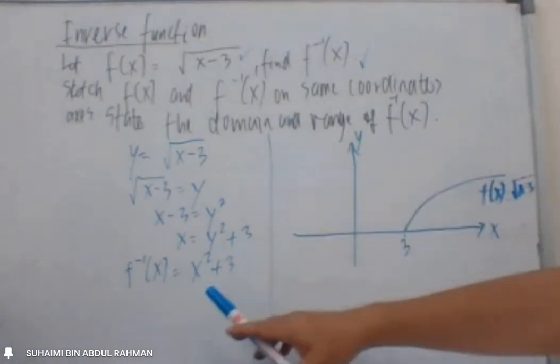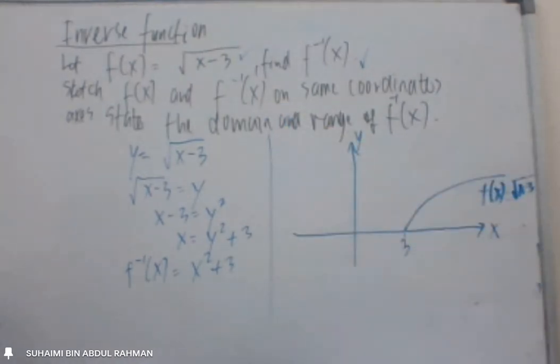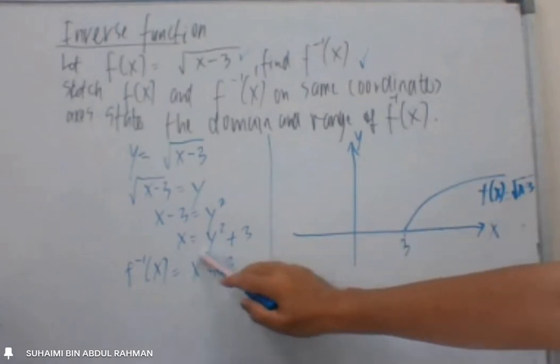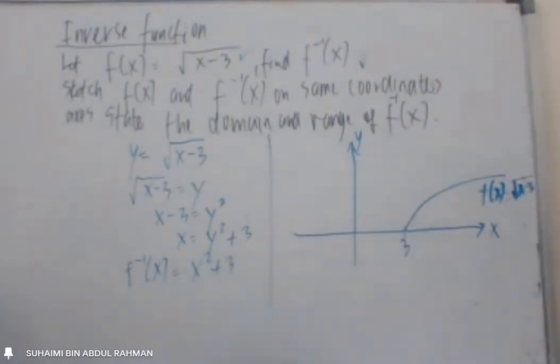Then the graph of the inverse of the function is the square function graph.